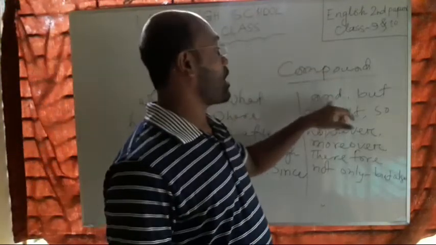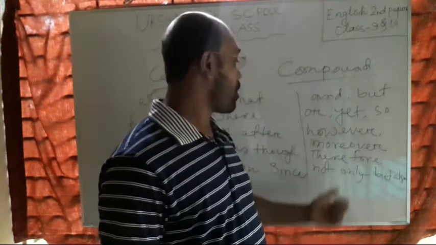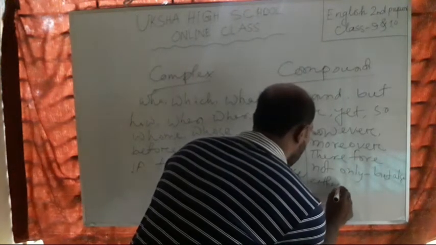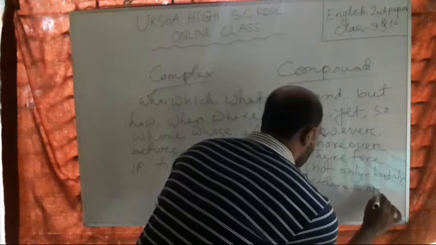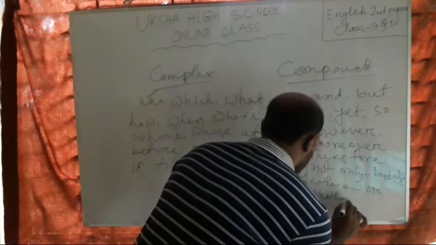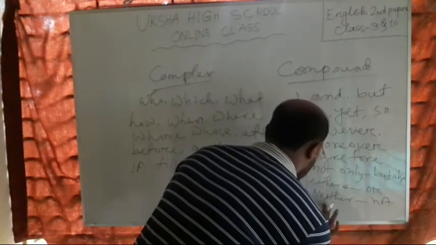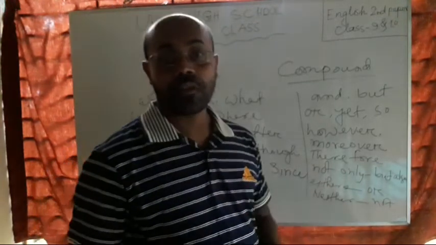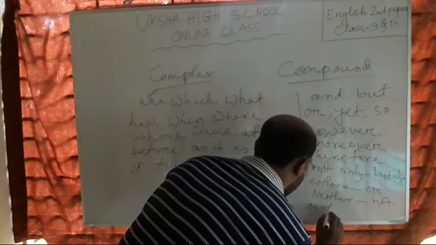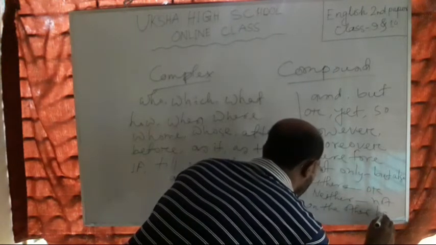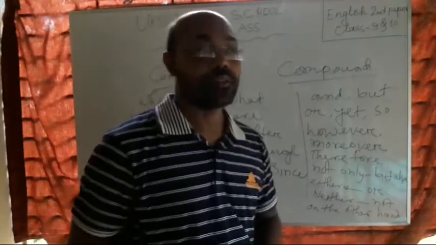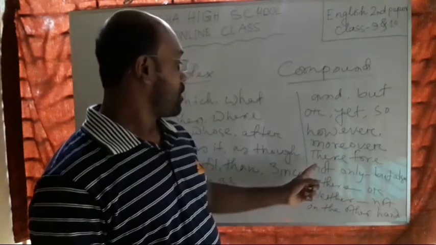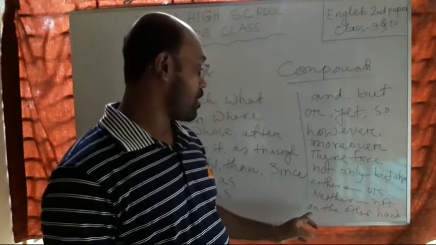For compound sentences: and, but, or, yet, so, however, moreover, therefore, not only but also, either or, neither nor, on the other hand.